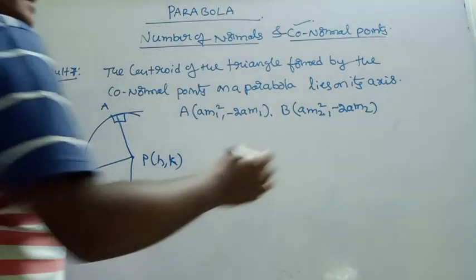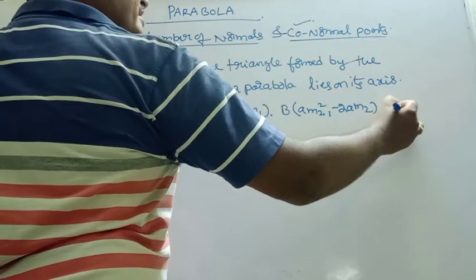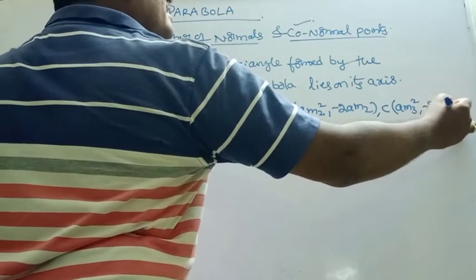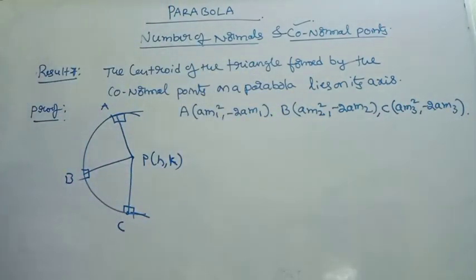And C is nothing but A m3 square comma minus 2A m3, right? These are the things.